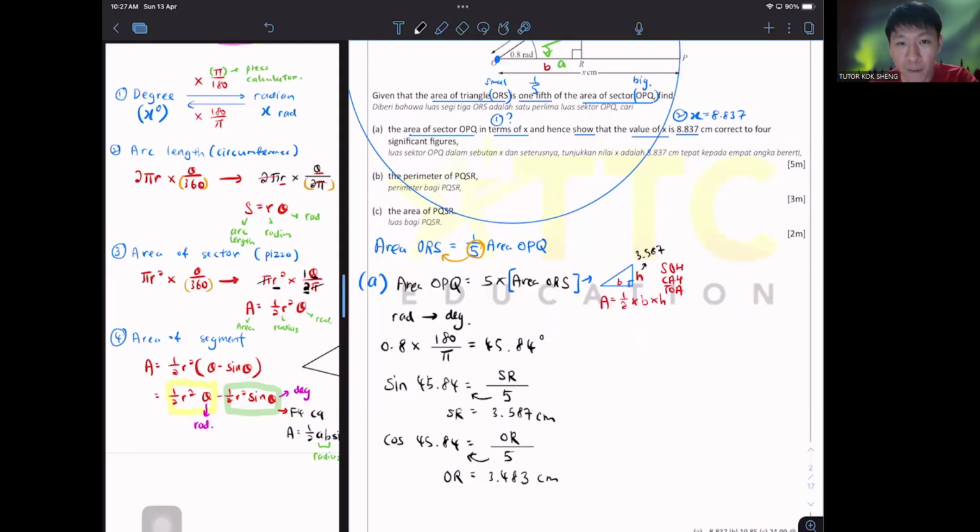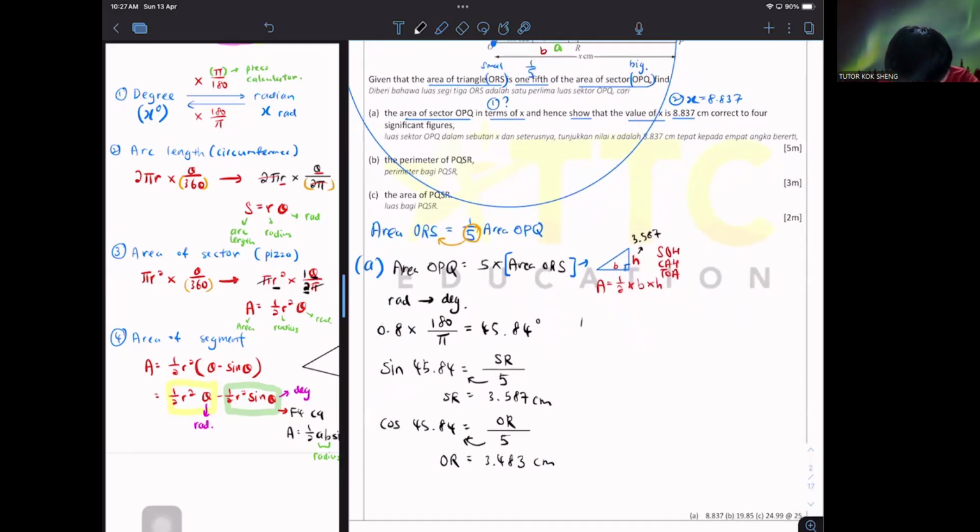Okay, so now we can find the area. Last part, area. Area of triangle OPQ equals 1 over 2 times base and height.